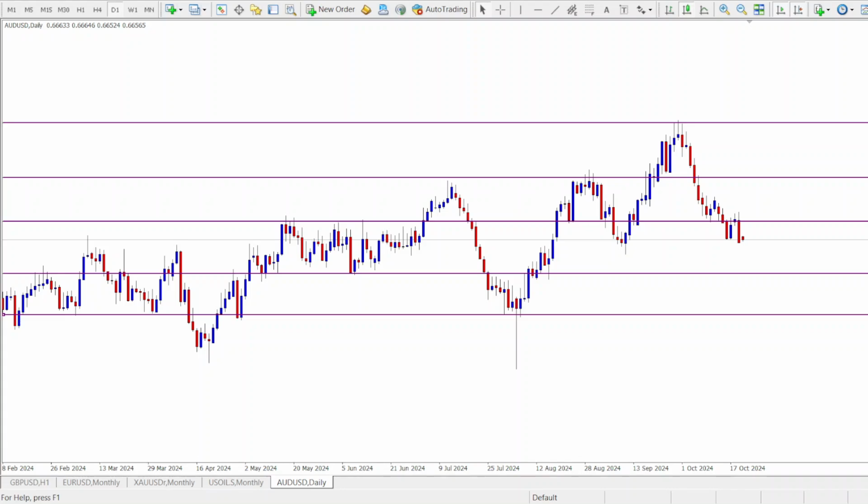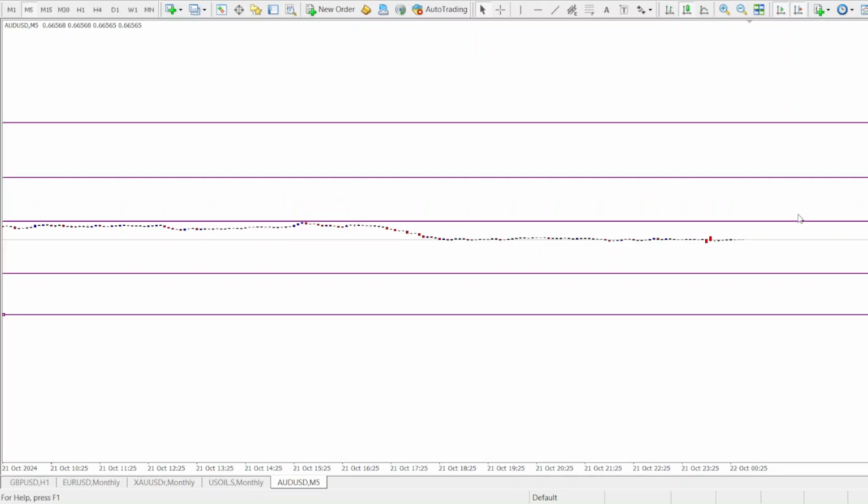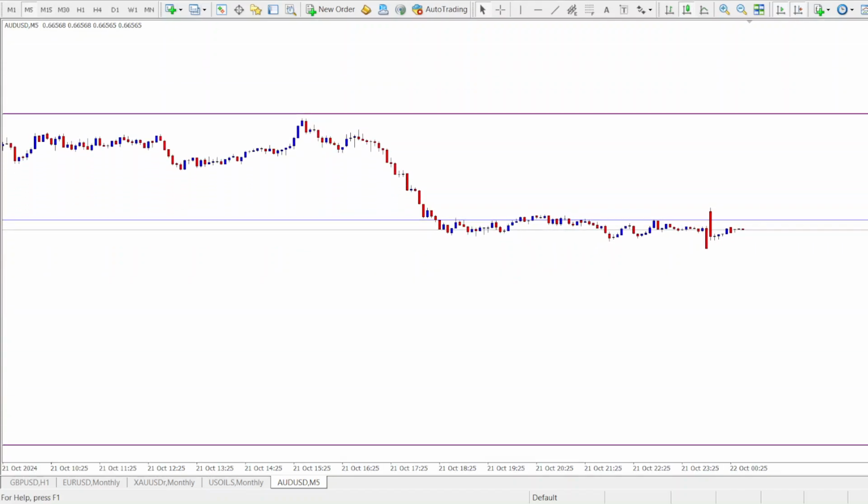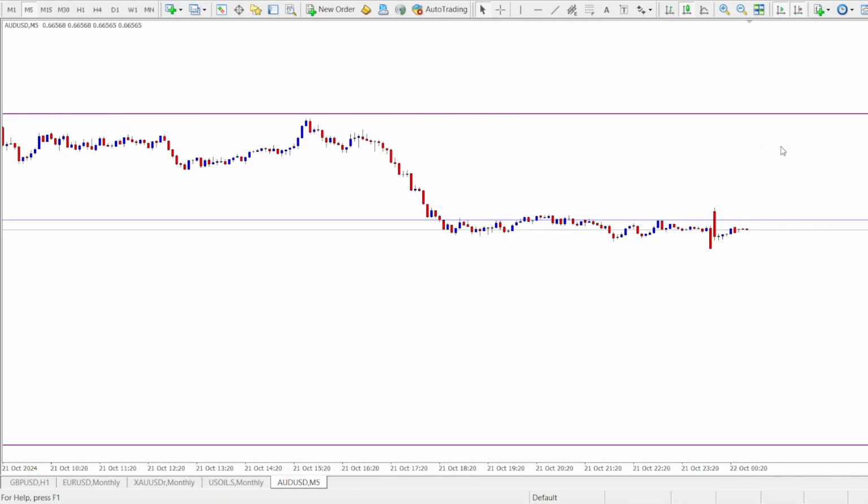After identifying the support and resistance levels, you can move to smaller time frames, but that is when it is time for you to enter your trades. If you want to get precise entries, you can go down to the 15 minutes or even the 5 minutes time frame. You want entries at almost the perfect time, if there's even such a thing as a perfect time in trading.